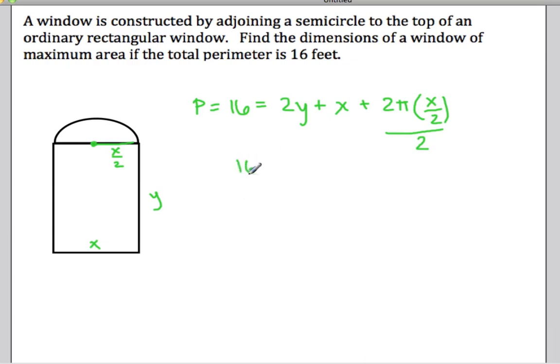So that simplifies to 16 equals 2y plus x plus pi x over 2. Okay? Now it says find the maximum area.